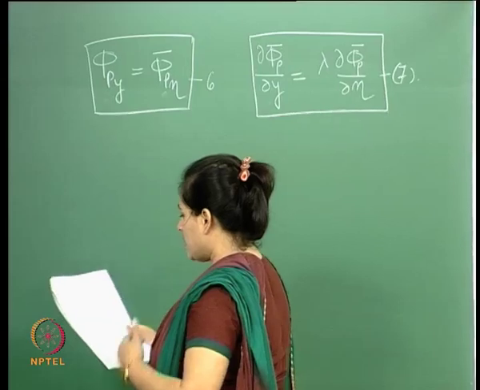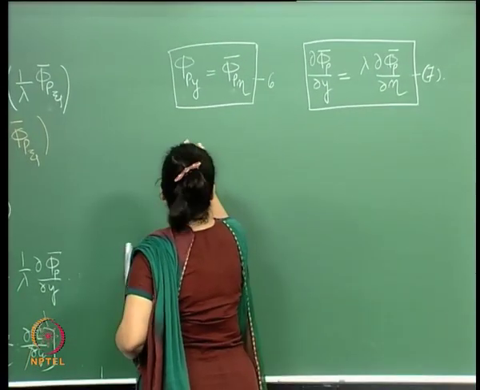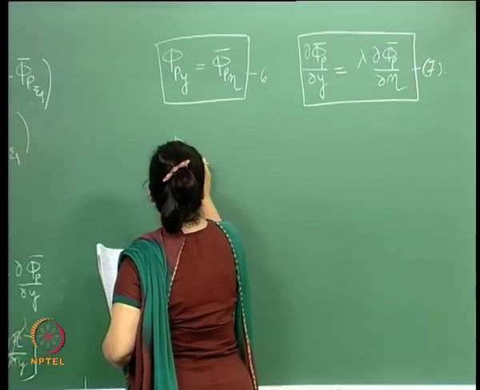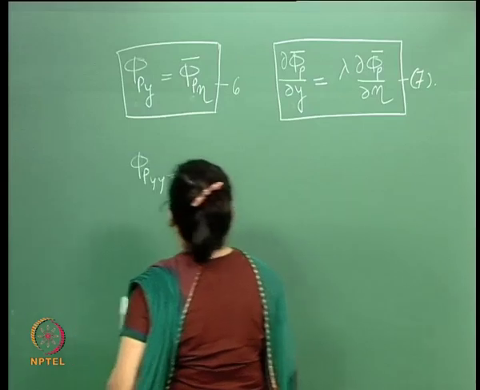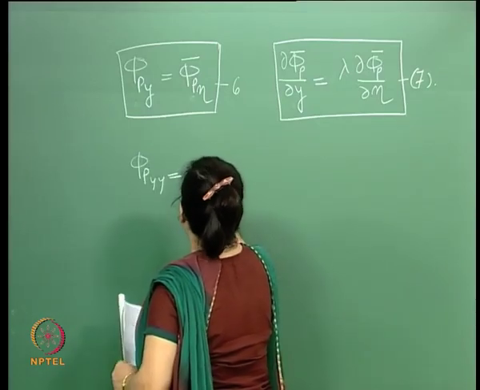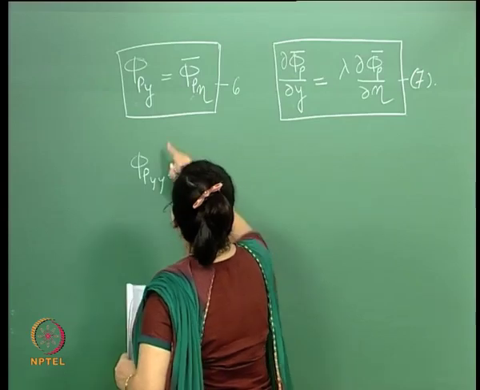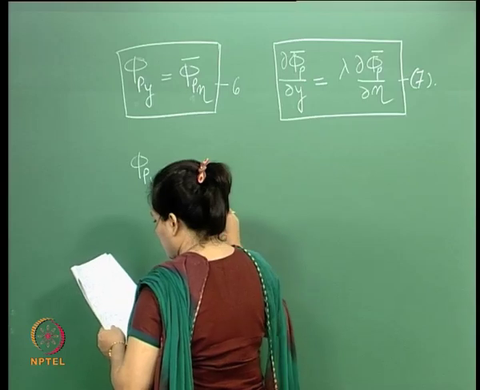So having done that, similarly, what we need to get now is phi p y y. So phi p y y is what? I can write that phi p y is equal to phi p eta.